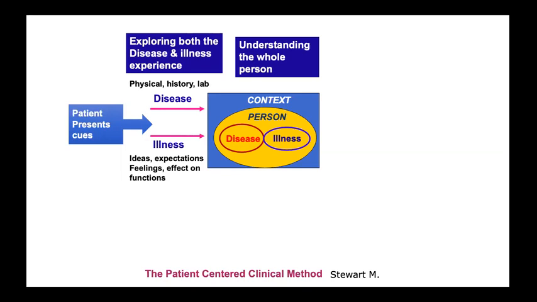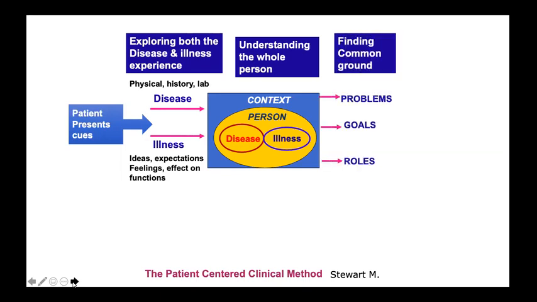So because you understand your patient, then you're able to identify the problems. You would now be able to set goals with your patient and discuss the role of the patient and your role, or the healthcare team's role, in managing the condition. And you call that finding the common ground.